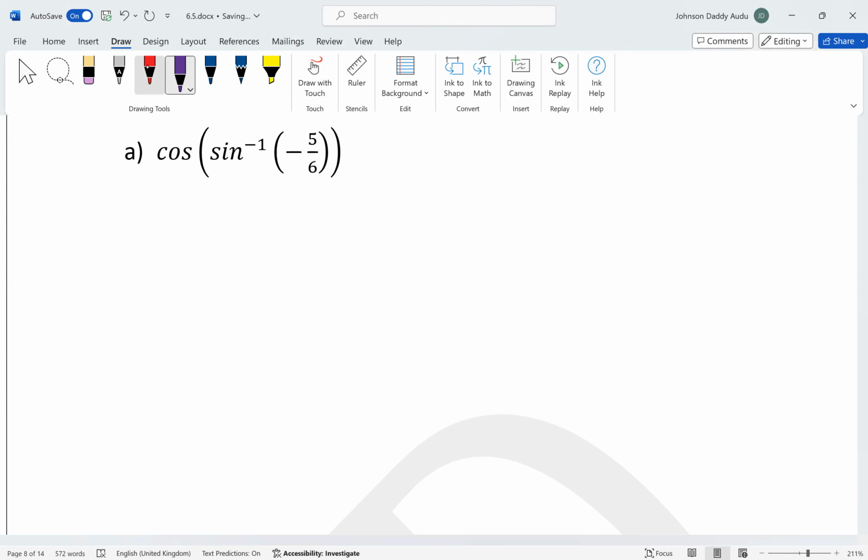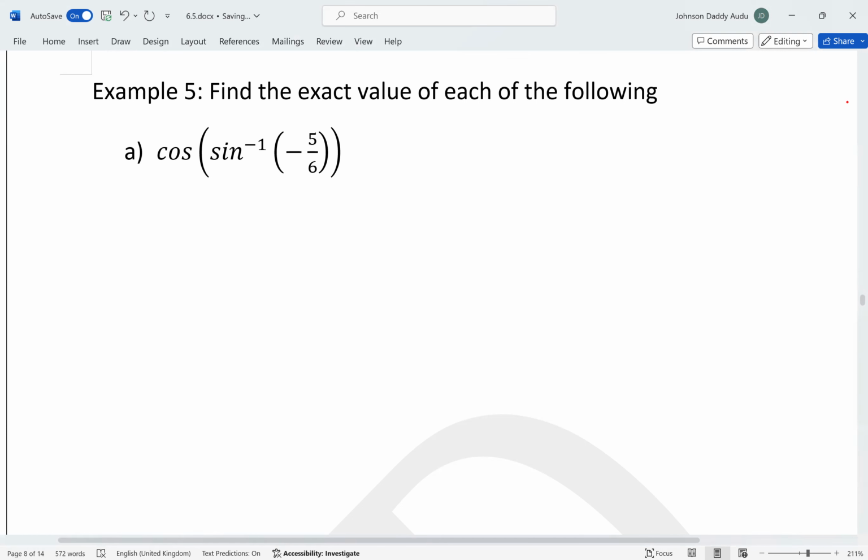Because if you have, for example, sine inverse of -1, these are famous, sine inverse of √3/2, but this is sine inverse of -5/6. So what we can do is let what is inside, for example, y, be equal to sine inverse of -5/6, right?